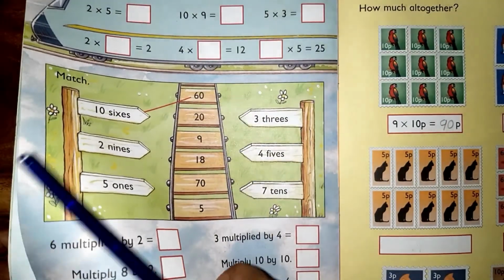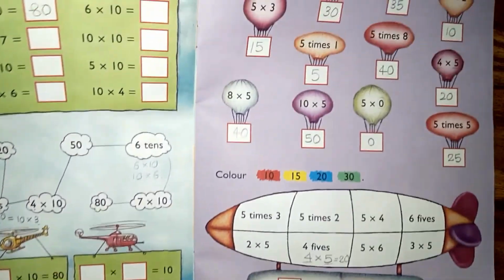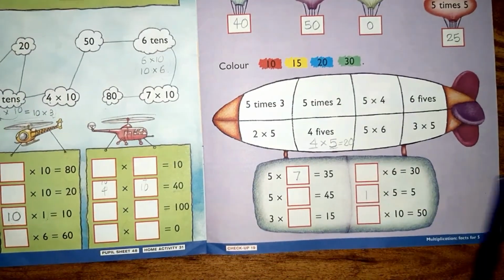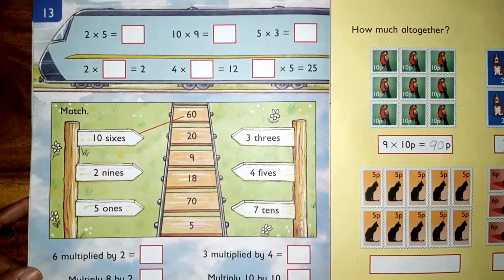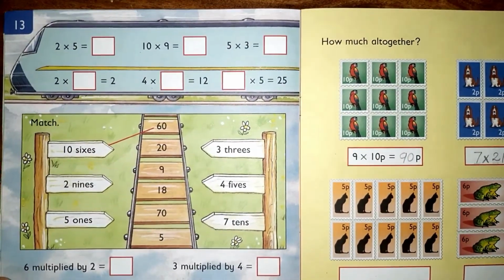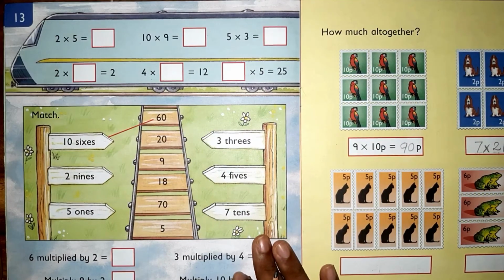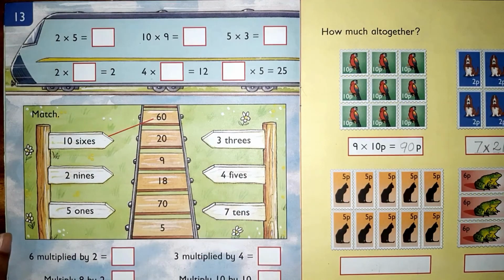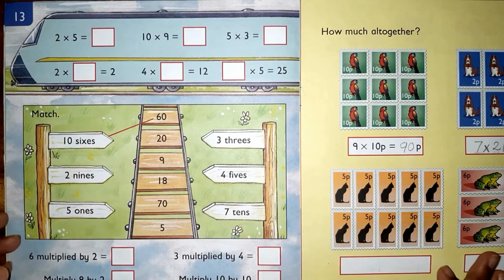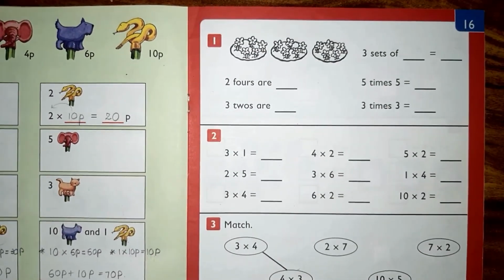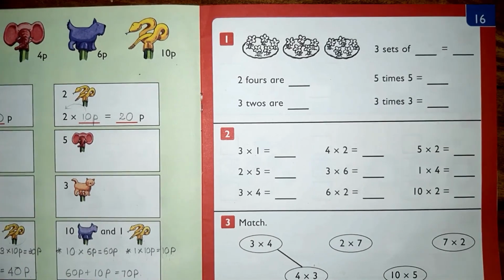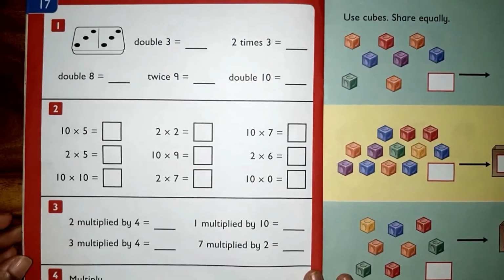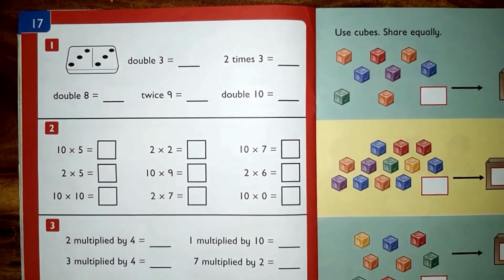Previously we have done the 5 times table, and here also you need to complete this part after memorizing the 5 times table. You may need to use the 2 times table, the 10 times table and also the 5 times table here. After that, at the end you need to do this assignment as the final assignment for multiplication. You need to complete up to page number 17.